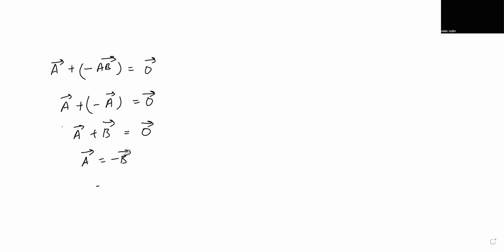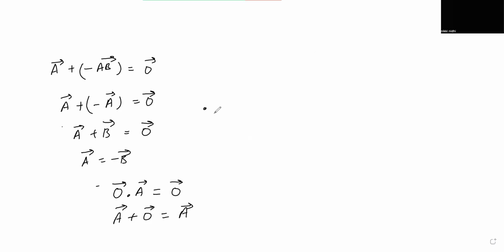Obviously, null vector times A vector will be equal to null vector. Correct? Yes, sir. Anything added to a null vector will be equal to the same vector. Any problem? I can't understand this part, sir.